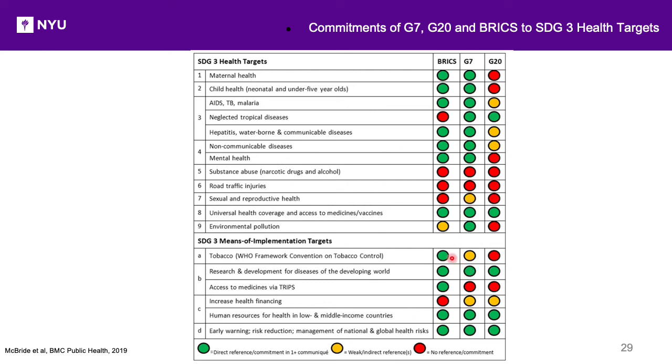And when we look at tobacco, for example, the WHO Framework Convention, we see a strong commitment and communique reference from BRICS, a minor or weak indirect reference from the G7, and no communication from the G20. So within this constellation of different countries, there are different priorities and different agendas, even on the same topic areas. And some of these countries are part of the BRICS and also part of the G20.